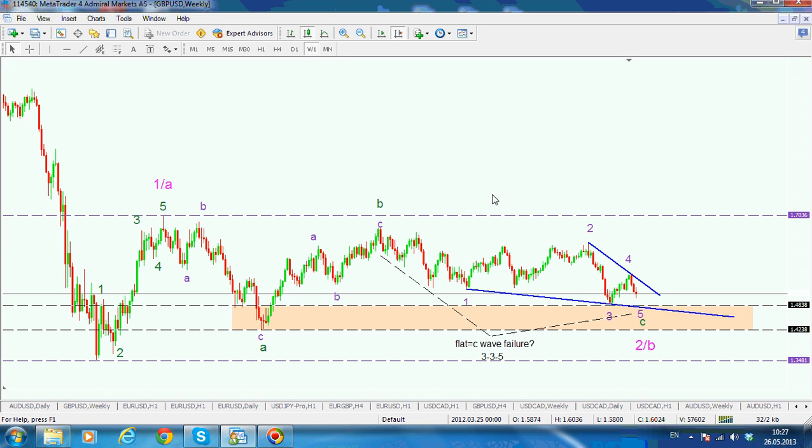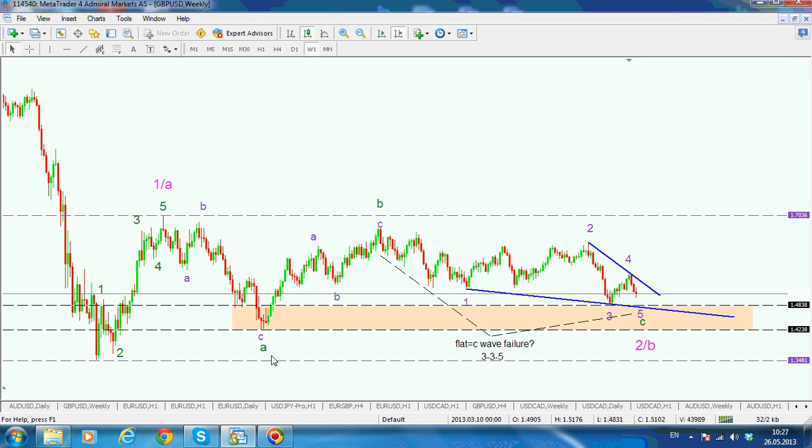So what I will look for here is to watch for this trend line here to be broken to the upside before this low is taken, because if we take this trend line to the upside, then this scenario with C wave failure is not valid anymore. So you will have your target, what to watch and what to see based on this one.